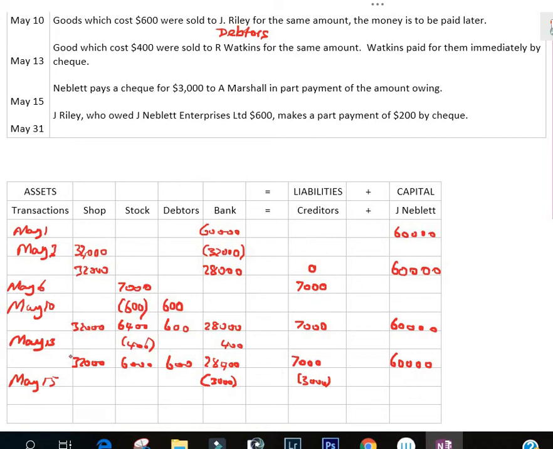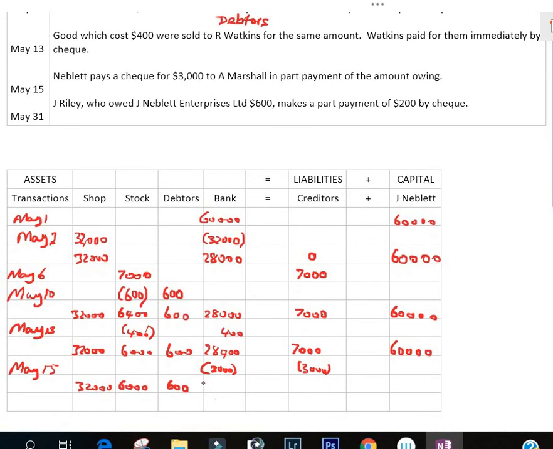Alright, so then let's do the calculation. So we still have $32,000 in the shop, and we have $6,000 of goods on hand, and Riley still has not paid us any money, so we're expecting our accounts receivable of $600. Now we only have $25,400 in the bank.